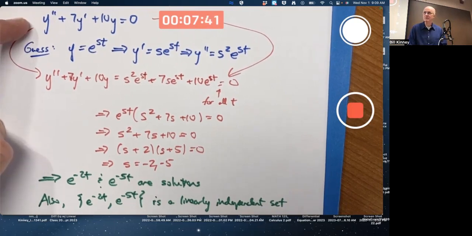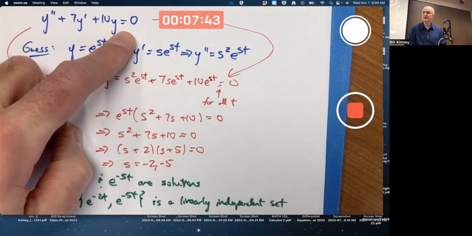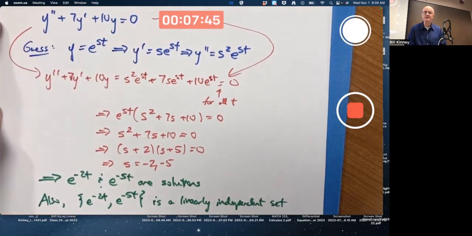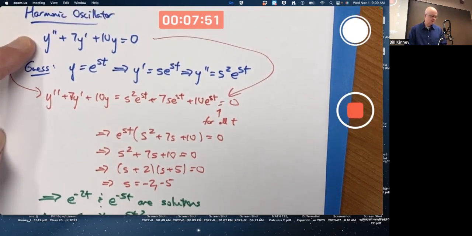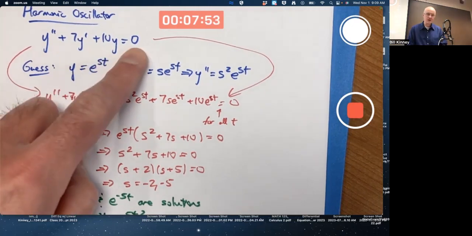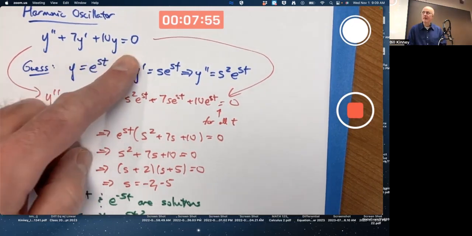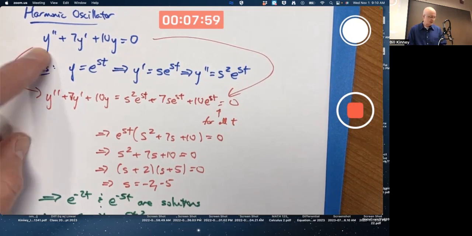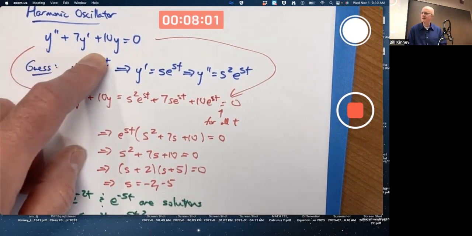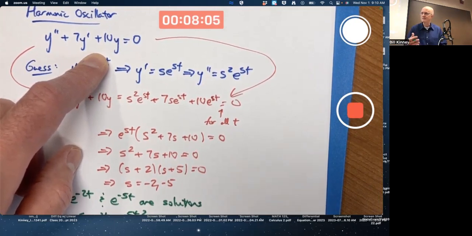its solution space will be, if it's a homogeneous equation, a two-dimensional vector space. Say that again. You've got a second order scalar differential equation like this that's homogeneous. The solution space of this will be a two-dimensional vector space. If you think of this thing here as being a linear transformation from one function space to another, its kernel is two-dimensional.